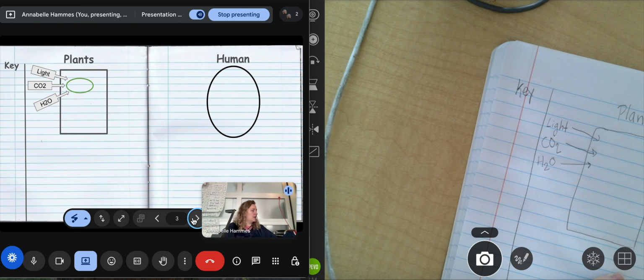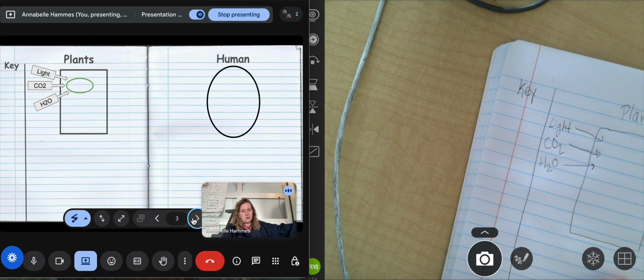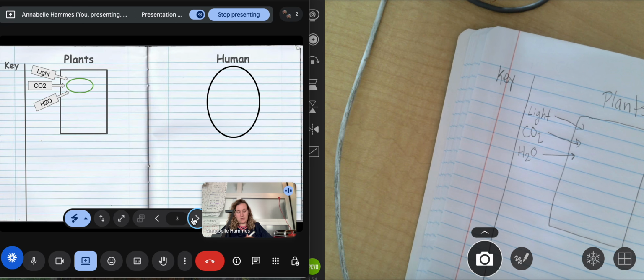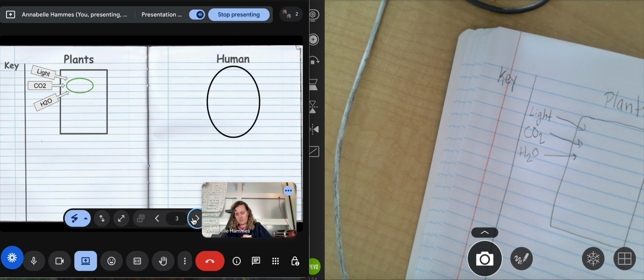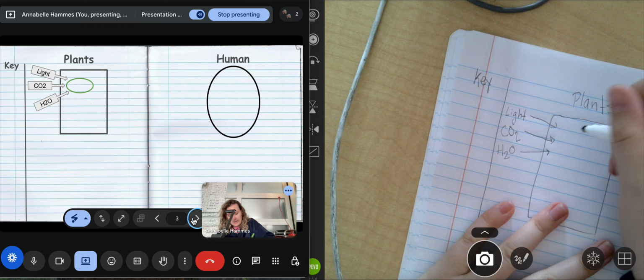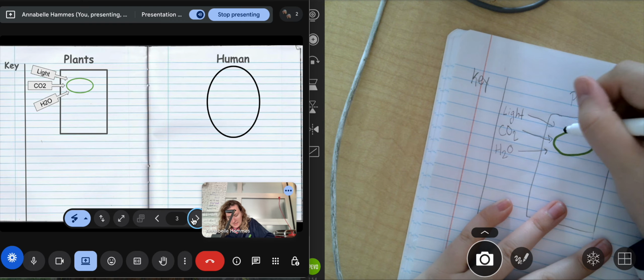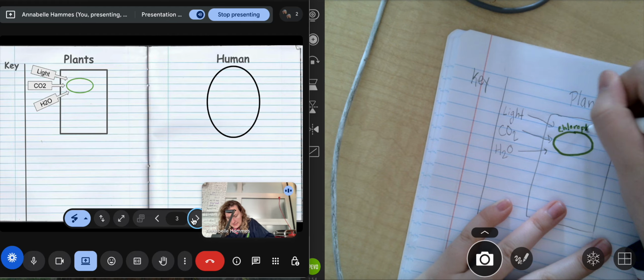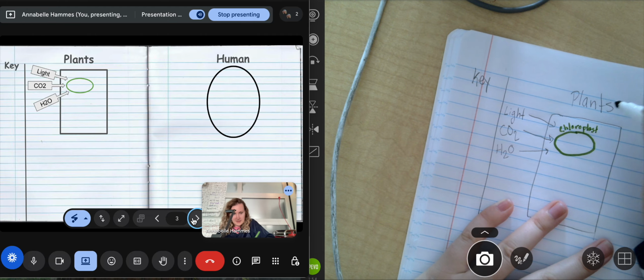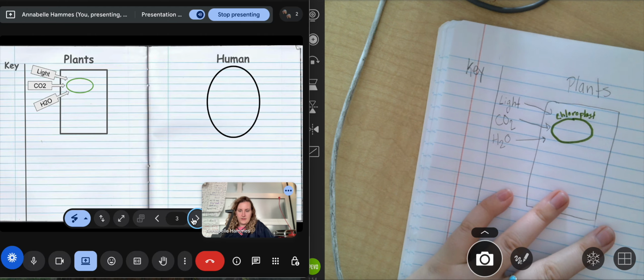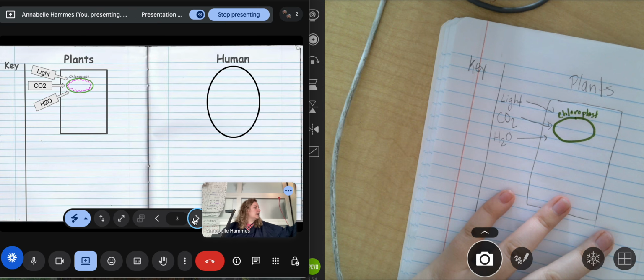All right, I'm going to get a marker here just so I can see it a little differently. Okay. This is our chloroplast. And inside here, we're going to do a little purple.